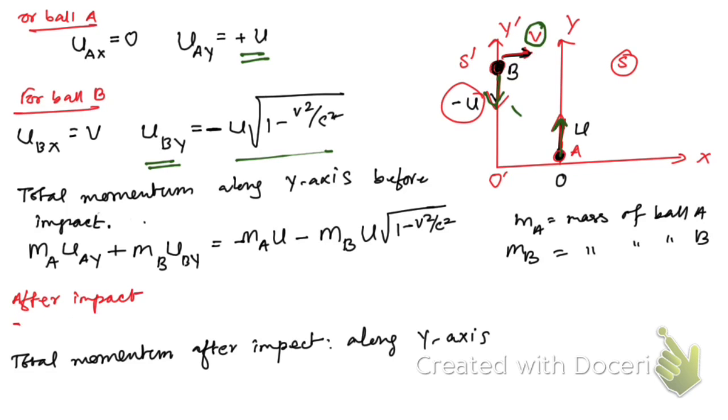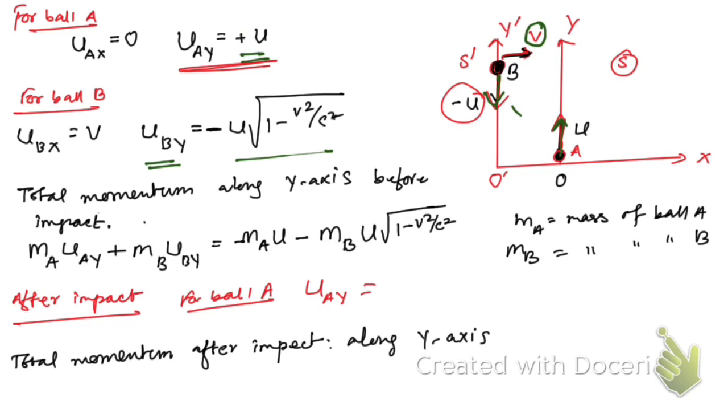So for ball A, this velocity uay after impact is positive.